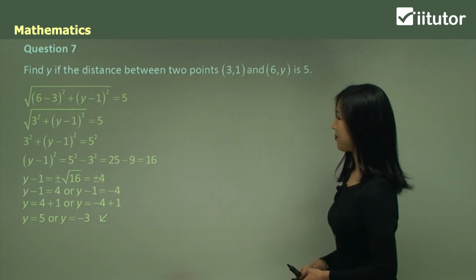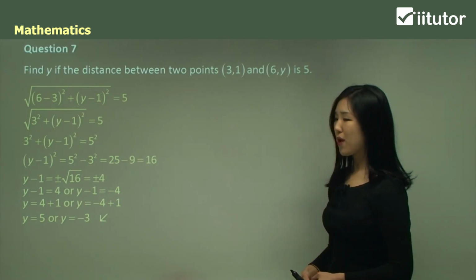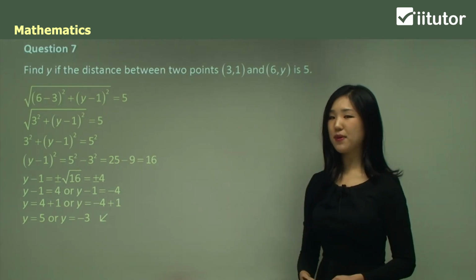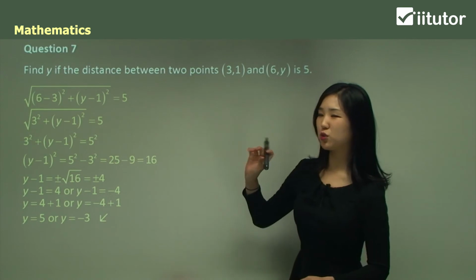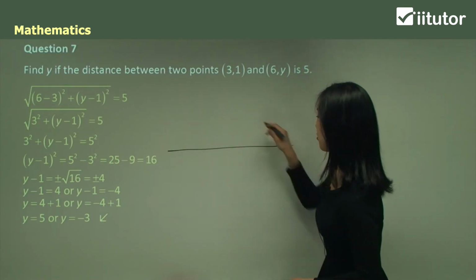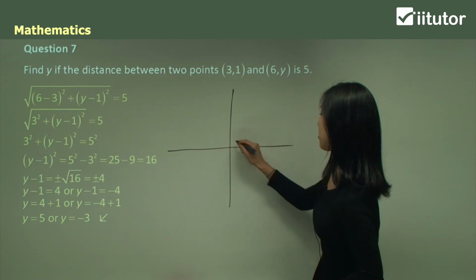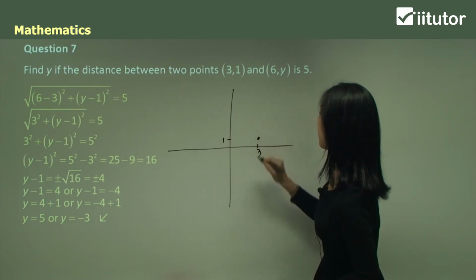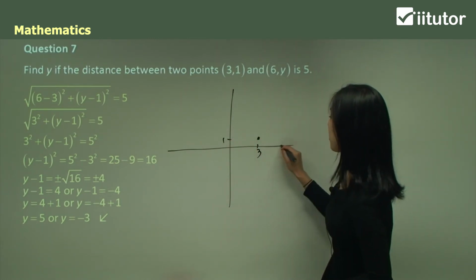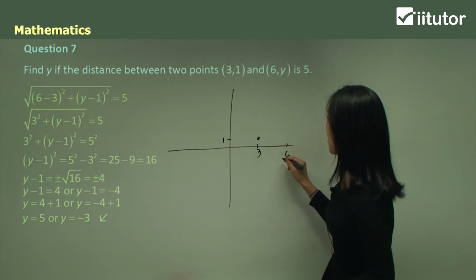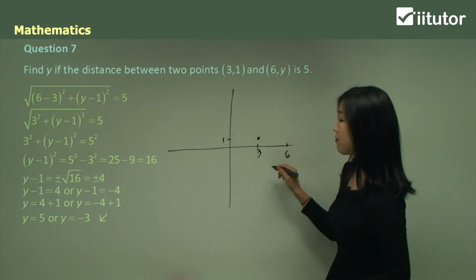Have a look. Now the reason why we have two answers, guys, is because, have a look, I'll just draw you a little quick diagram just in case you want to know. Now 3, 1 is, let's just say 3 is there and 1's there, that's the first point. And 6y, okay, 6 is here, and then we say the distance is 5.